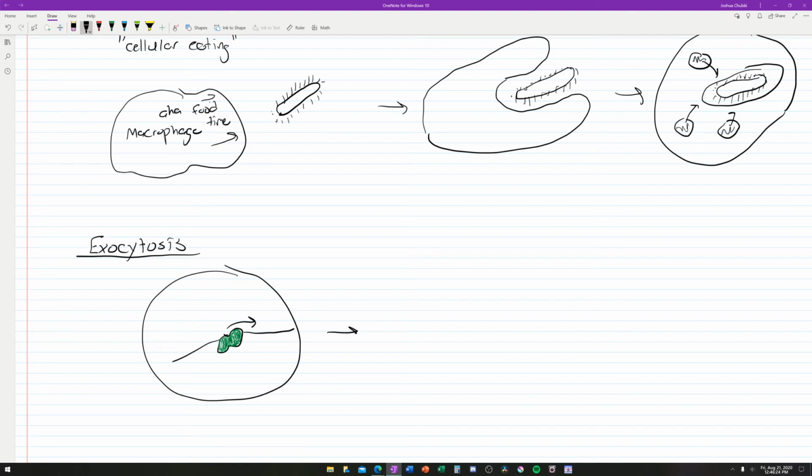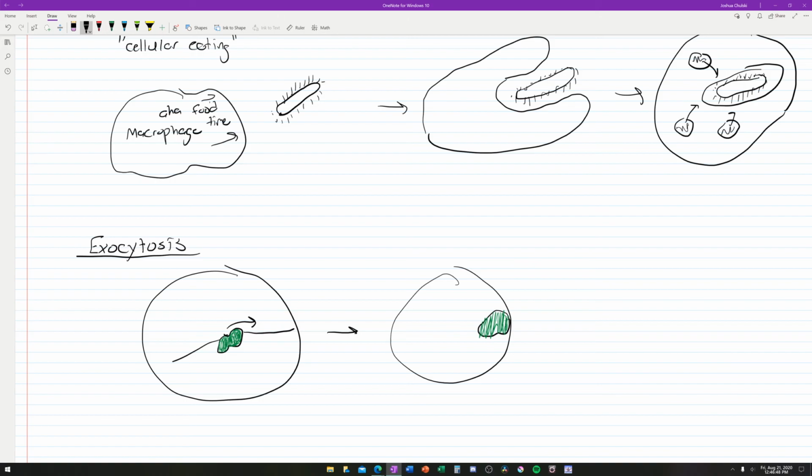The vesicle is going to move to the cell membrane, and energy is going to be expended in doing this.